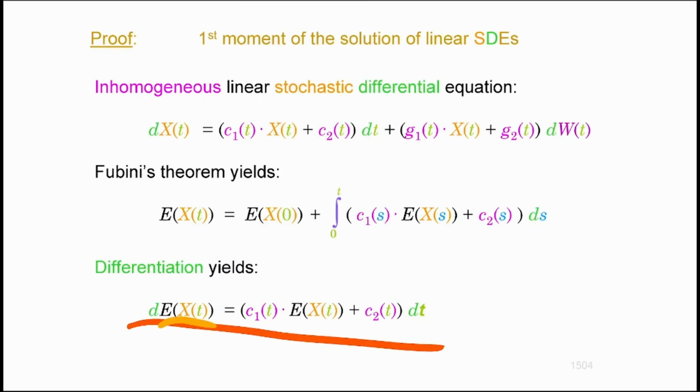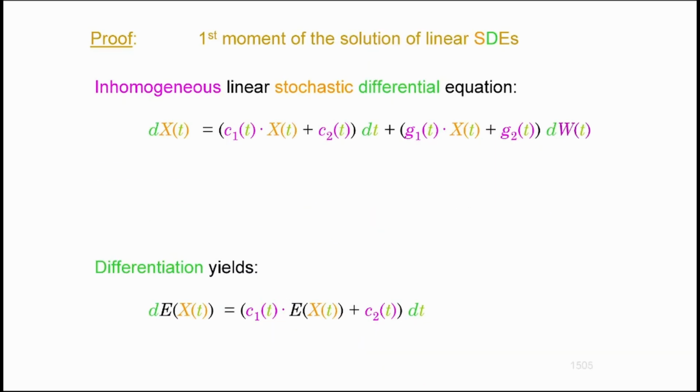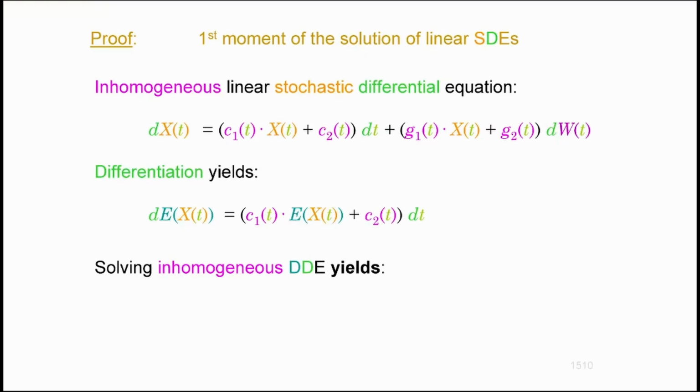You understand the trick? So what you see here is a deterministic differential equation, DDE, right? For which I was showing you how to solve it, which I did, and that's the proof, all right? And that's it, okay, which is not a homogeneous one. Okay, so solving this inhomogeneous DDE is actually yielding the result, which I did with the z's and all that stuff and the starting value.